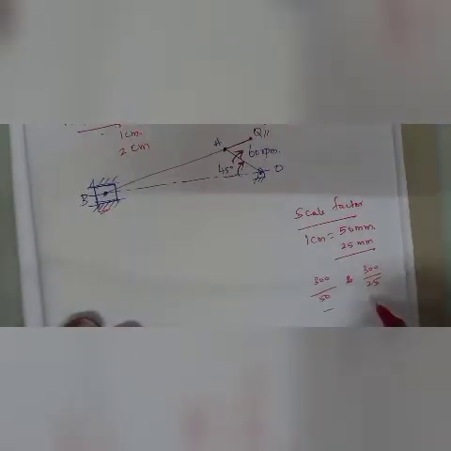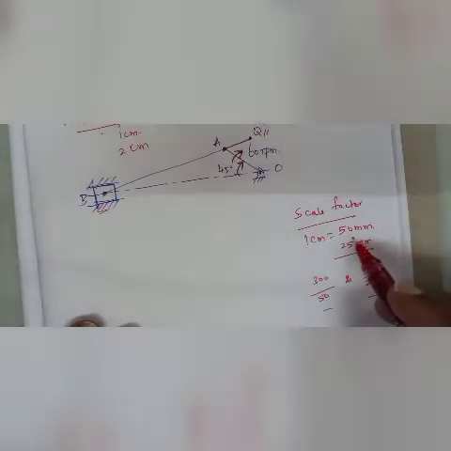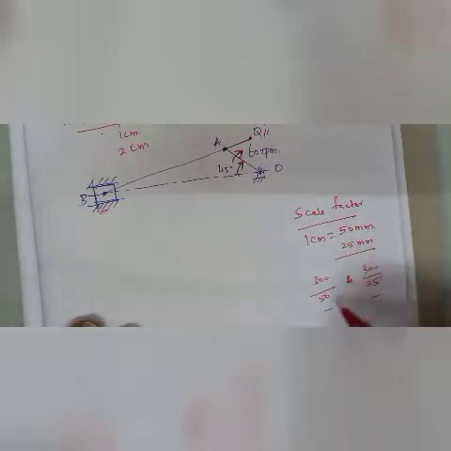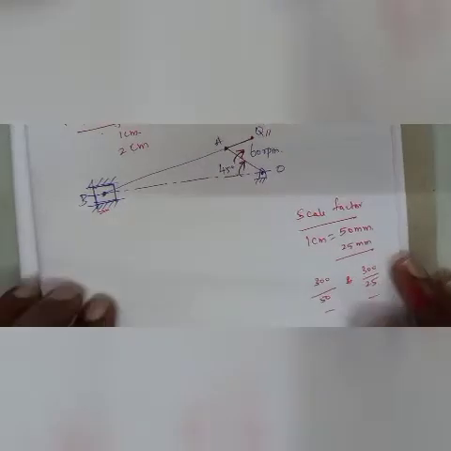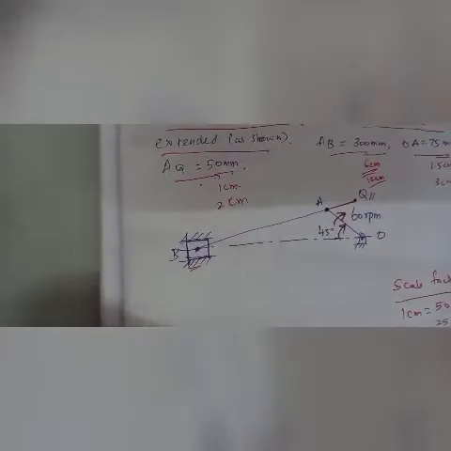So you can take 300 by 50 and 300 by 25, right? Like that we have to split the scale factor. If you have less number of dimensions, we will be having an enlarged scale factor. So here I am going to draw with a scale factor of 50 mm for the given drawing.